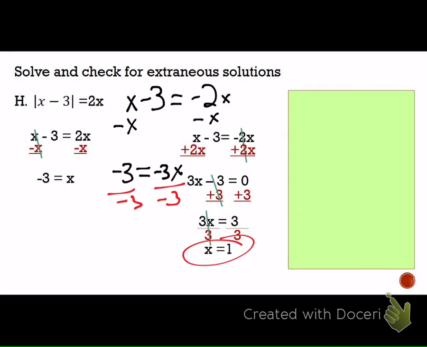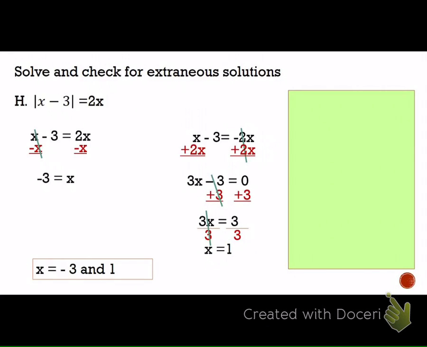Now what? Check. And I'm going to check a little more seriously than I've been checking. Okay? So I'm going to first plug in negative 3. Negative 3 minus 3 is what? 0. No. Negative 6. And what's the absolute value of negative 6? 6.